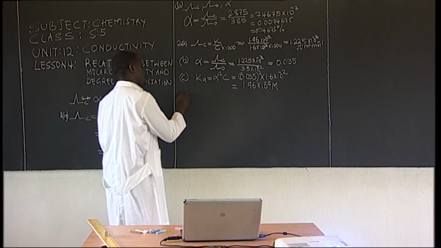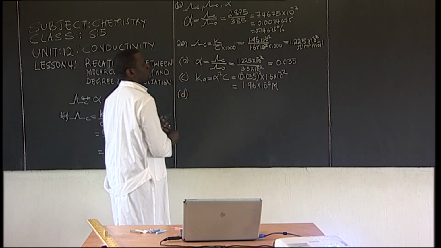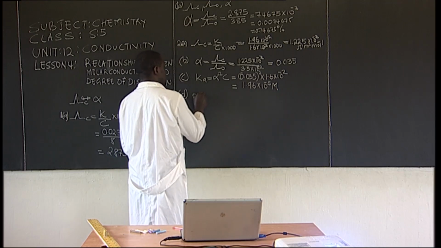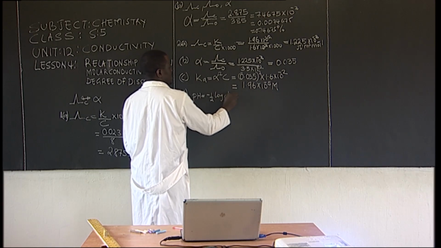Then from there, you see we are using a lot of formulas here. We get the pH. For a weak acid, pH is equal to negative a half log CKa.